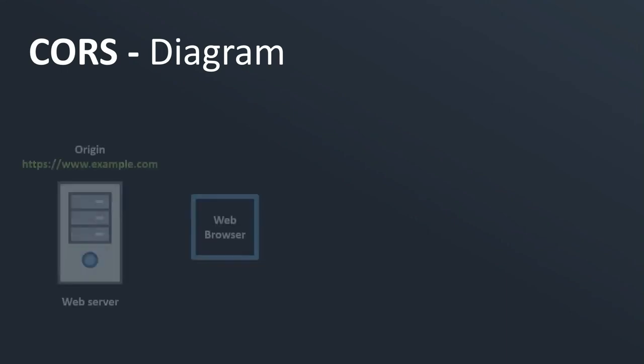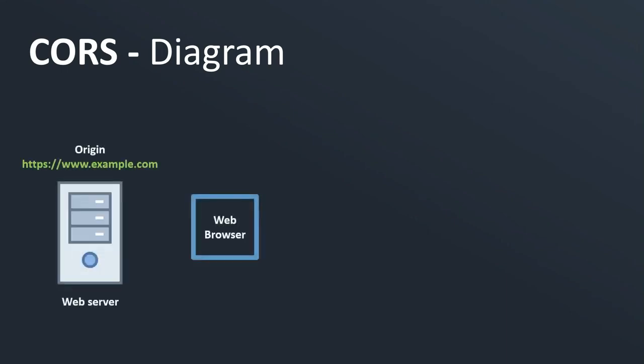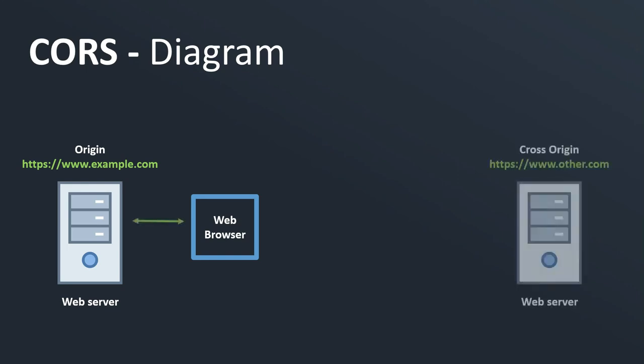So here is our web browser and it visits our first web server, and because this is the first visit we do, it is called the origin. So for example, our web server is at https://www.example.com. Okay, great.